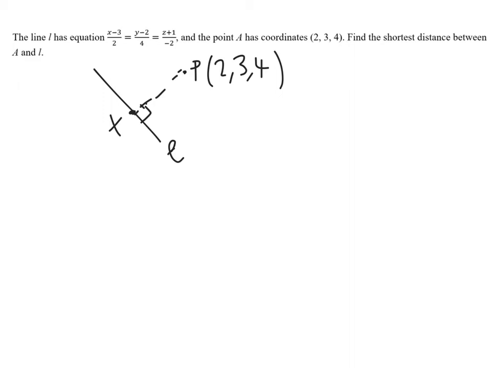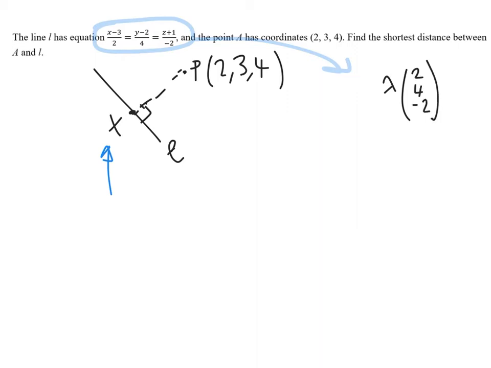So we do need to know the format of x, and as I said, it might be helpful to convert your Cartesian equation of the line, so this one here, into a vector form. So we know that the direction vector lies on the bottom of our fractions. So our lambda direction vector will be 2, 4, minus 2.